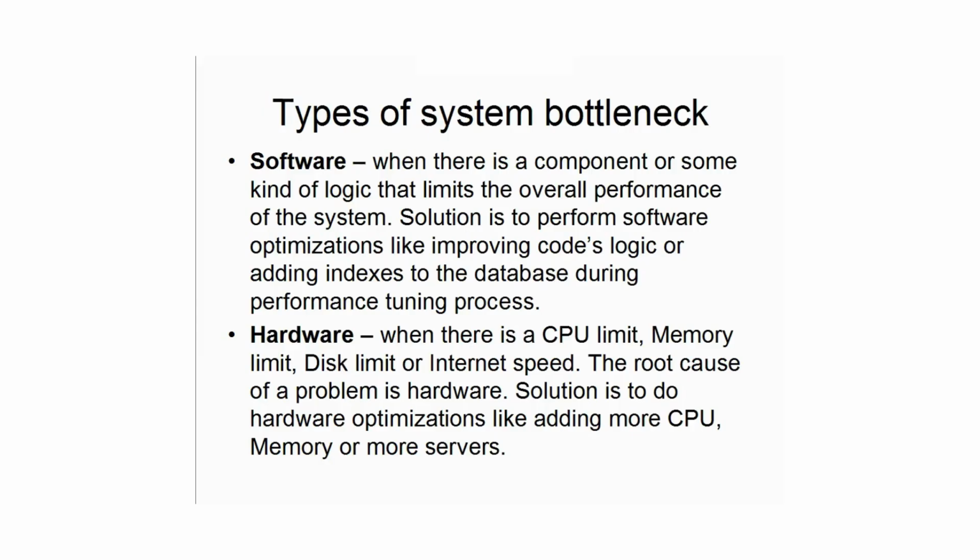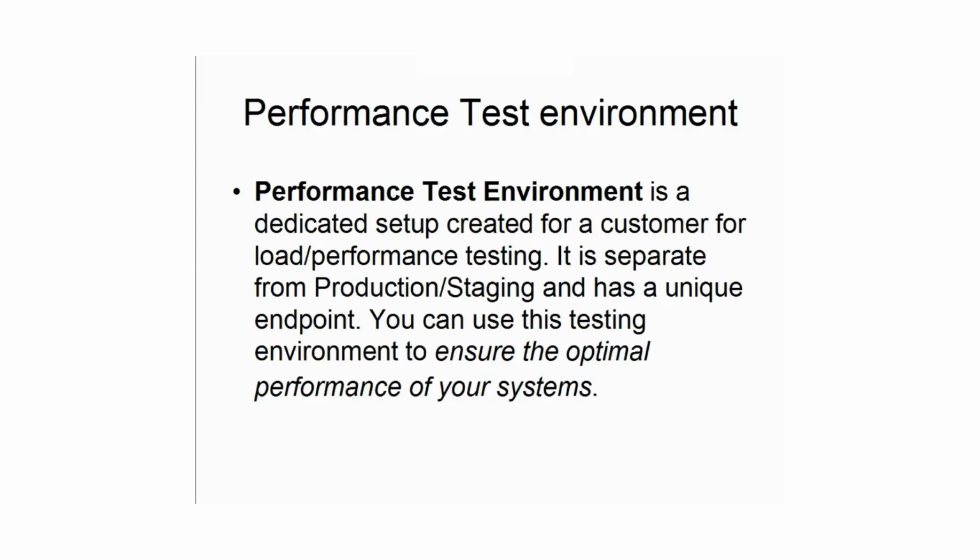Hardware type is where there is a CPU limit, memory limit, disk limit, or internet speed limit. The root cause of the problem is hardware. The solution is to do hardware optimizations, like adding more CPU, more memory, or even more servers. For example, it could be a web server, a front-end server, a backend server, or a database server.